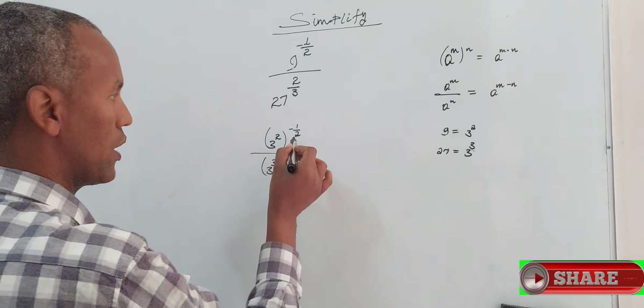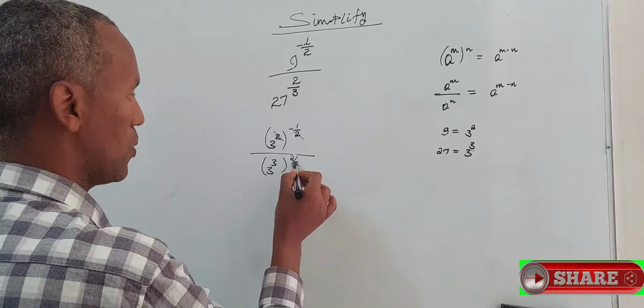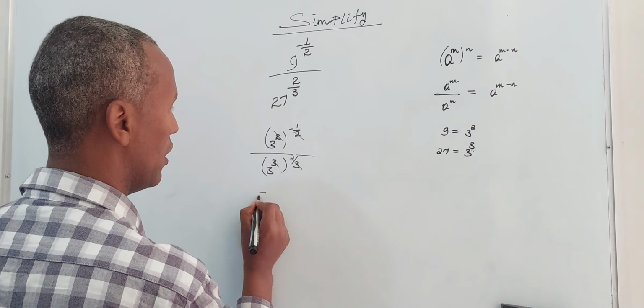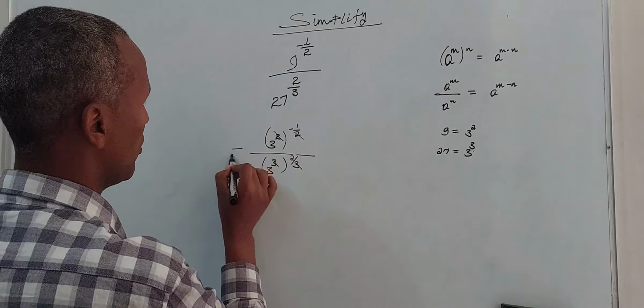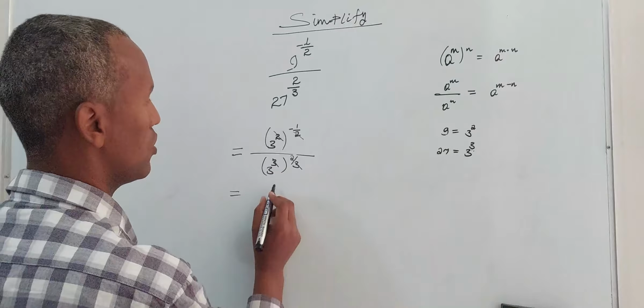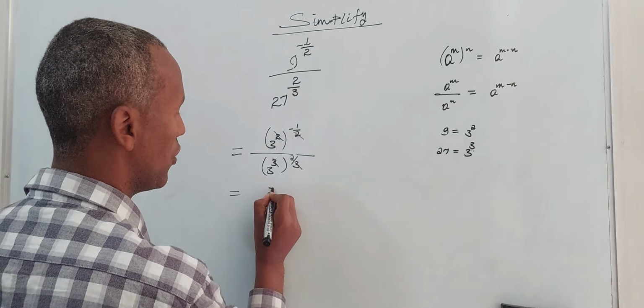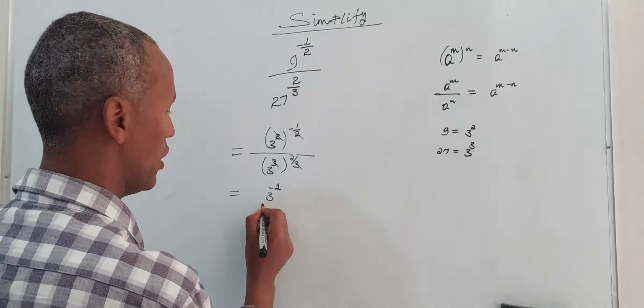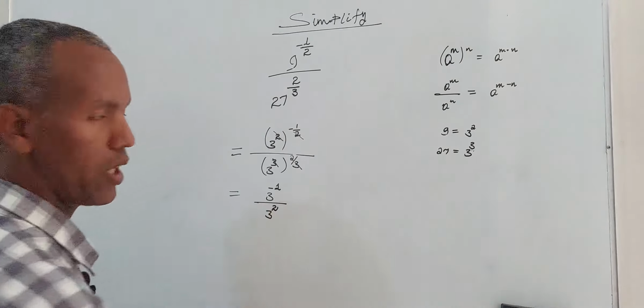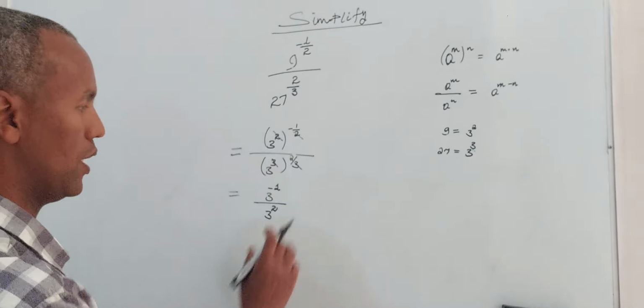So you can cancel this with this, as well as this with this. Now you will end up with 3 to the power of 1 minus 1, basically negative 1, over 3 to the power of 2. That is what you will end up with.